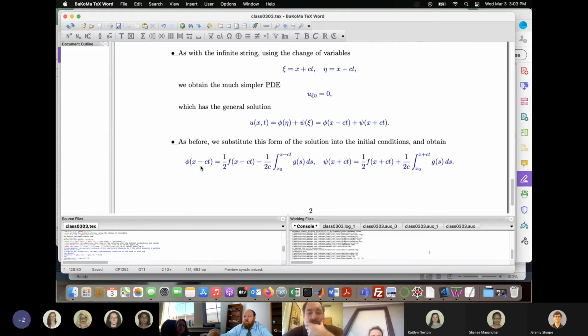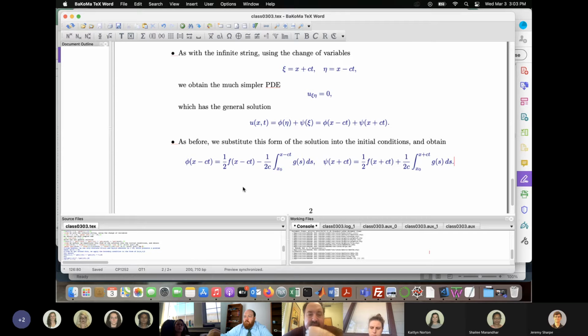So this cannot be used, and we cannot assume anything about the initial data f or g when on the negative portion of the real line. So this formula as written can only be used if x minus ct is positive.